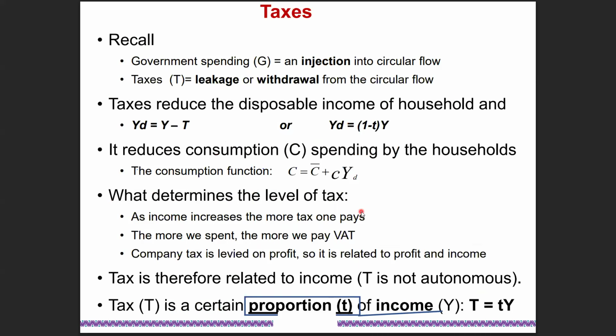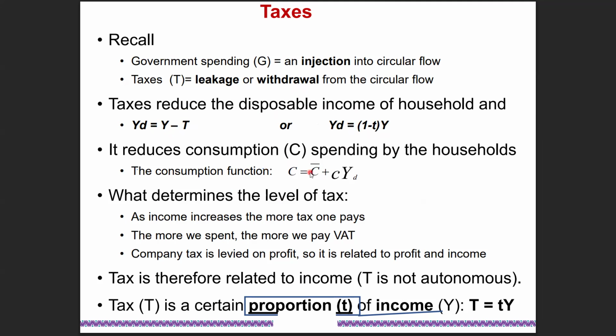However, the government also comes with taxation, because the government has to collect taxes from us so that it can have the revenue to spend. So we said the introduction of taxes has a direct impact on our disposable income, because it reduces the households' disposable income. To calculate disposable income, we say Y minus T, which is income minus taxation, or you can say 1 minus T, the tax rate, times Y, to get your disposable income.